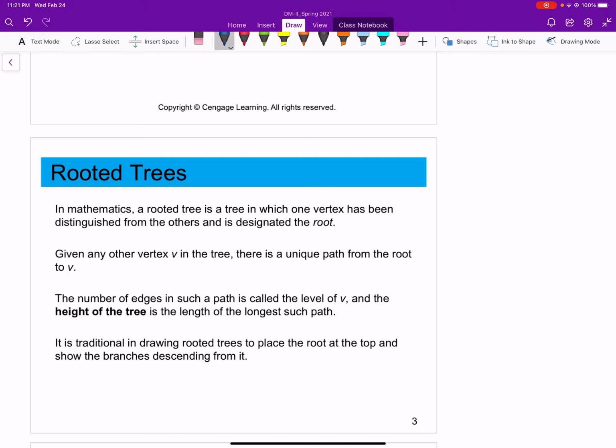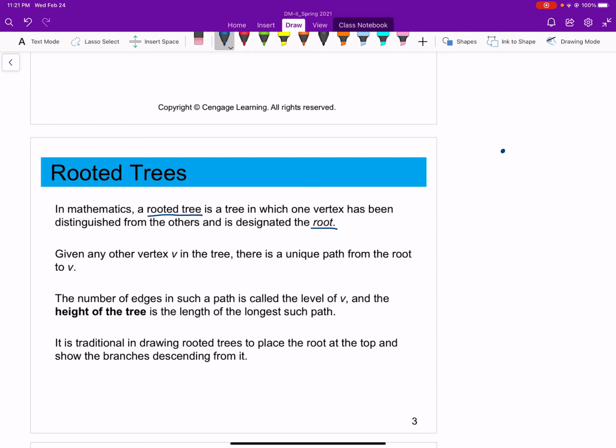In mathematics, a rooted tree is a tree in which one vertex has been distinguished from the others and is designated the root. Rooted trees are the trees which have a specific vertex called the root.